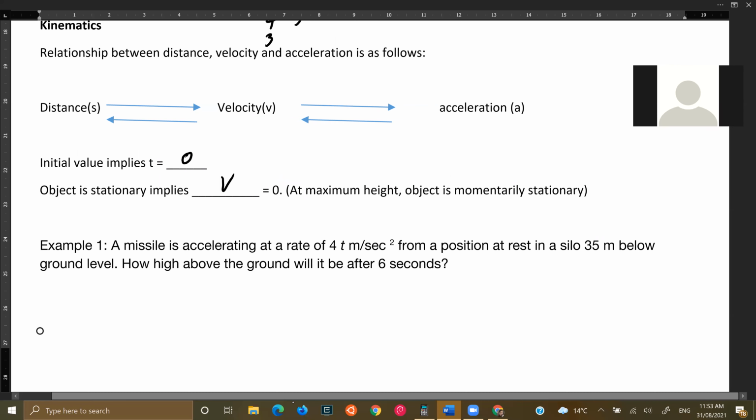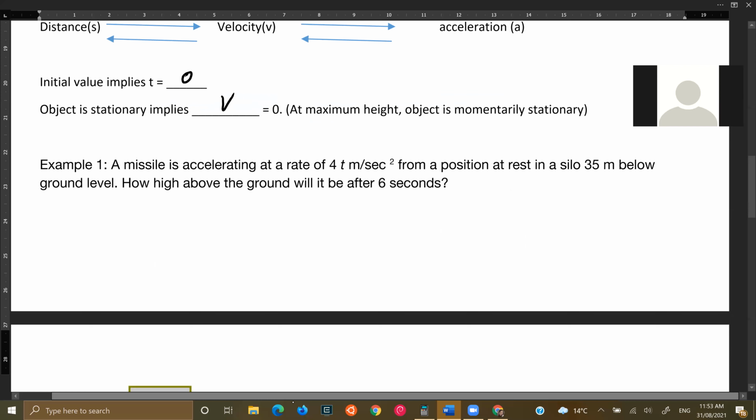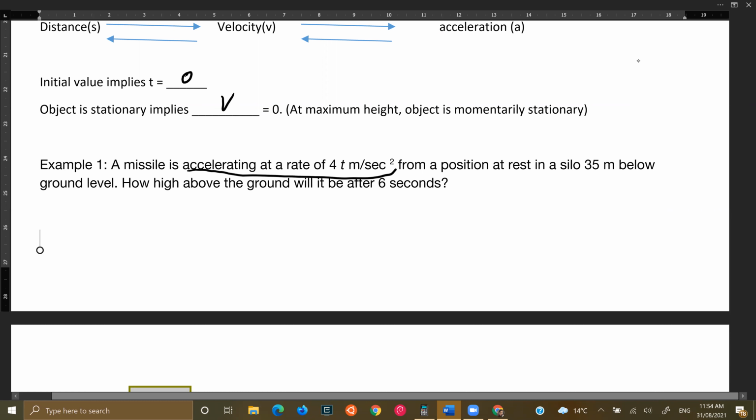And so you might have a question like this. A missile is accelerating at a rate of 4t meters per second squared from a position at rest in a silo 35 meters below ground level. How high above the ground will it be after 6 seconds? So what you've been given is acceleration. Okay, so a is 4t meters per second squared.